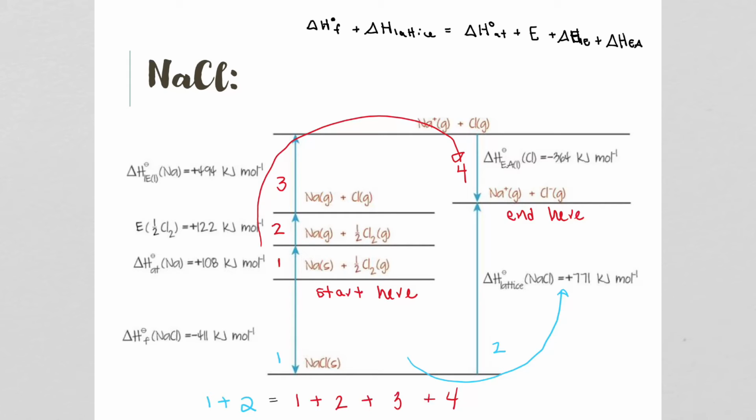You could then rearrange to just solve for lattice enthalpy, so delta H lattice is equal to all of those things minus the heat of formation.